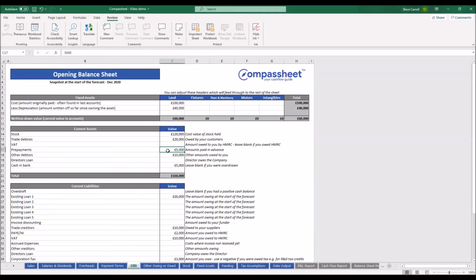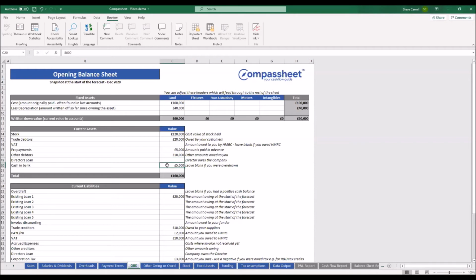So that might be, for instance, rent or other items that we've paid in advance. Other debtors are other amounts that are owed to us. So they're not part of our normal customer debts, but it might be other amounts that are owed to us. Directors' loans, this is where the director owes the company.